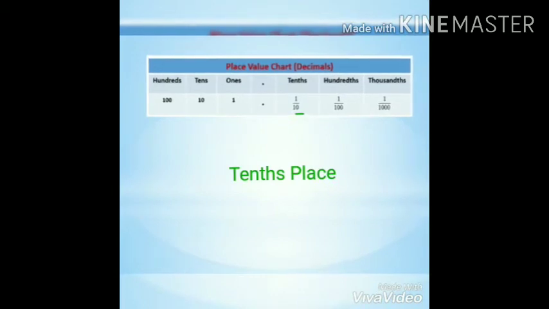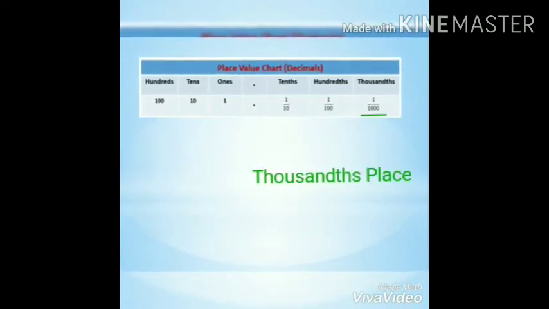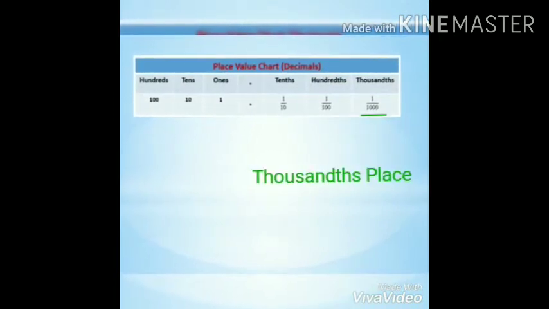Similarly, on the right side, the first digit is tenths place, second is hundredths place, that means 1 upon 100. Next is thousandths place, means 1 upon 1000. Next is 10,000, that means 1 upon 10,000.